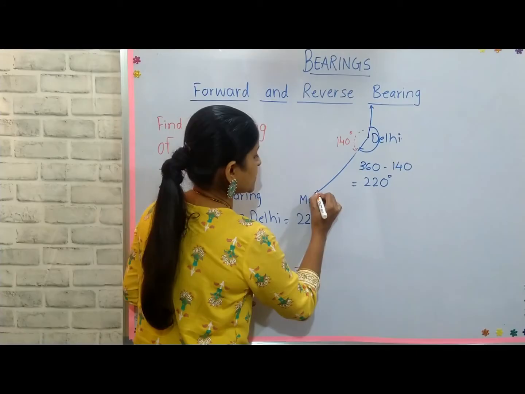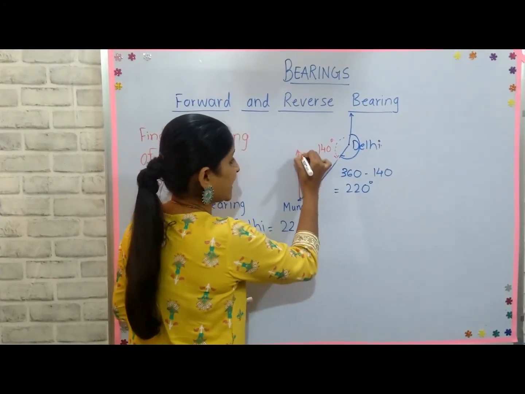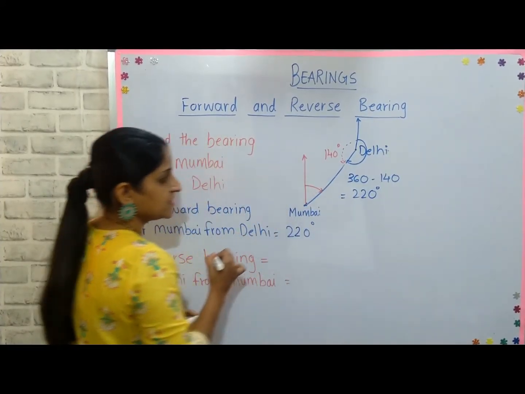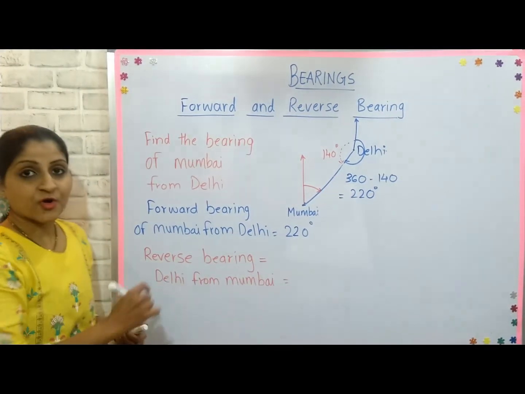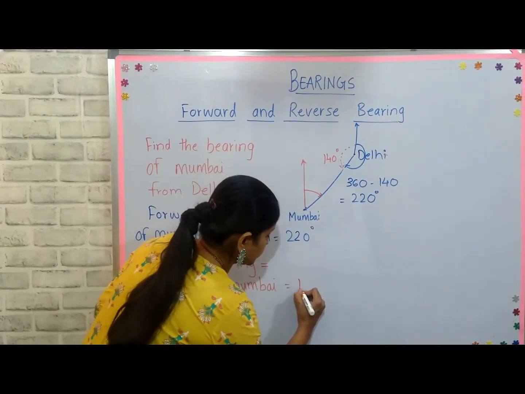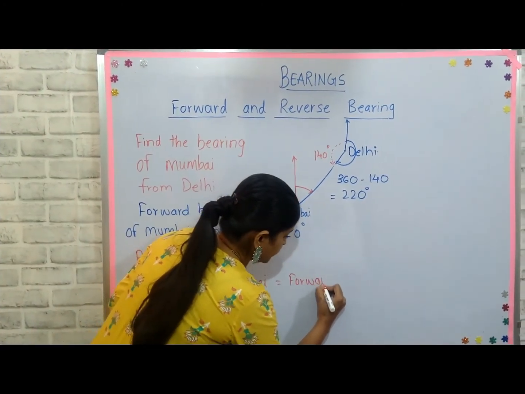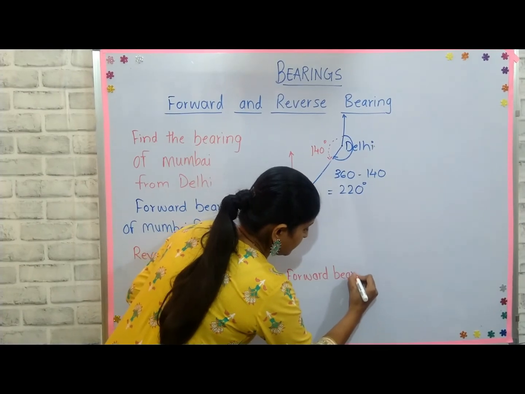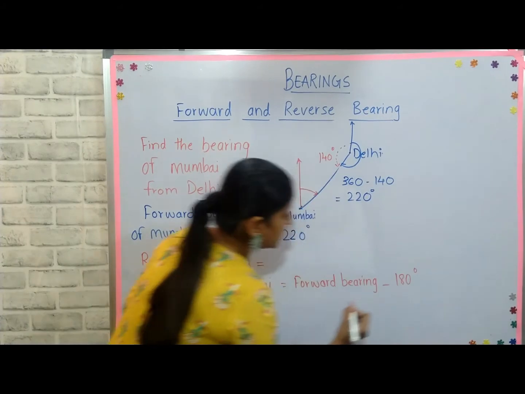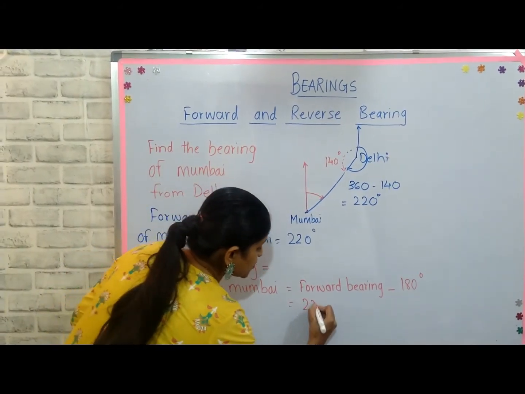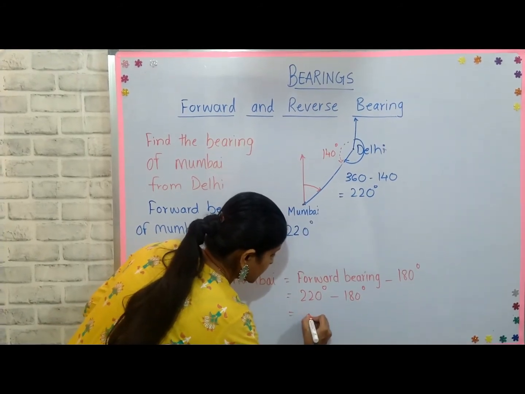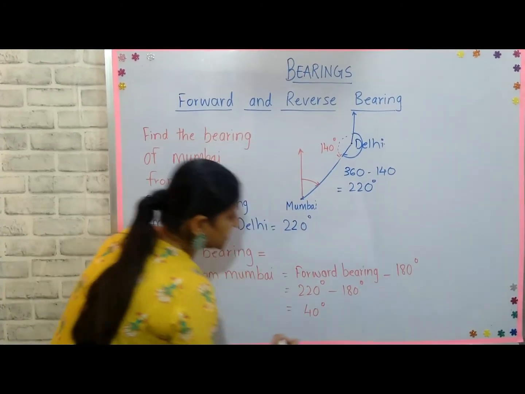So from Mumbai we draw a perpendicular north at Mumbai and then measure this angle in a clockwise direction. And as per the formula, we find it as forward bearing minus 180 degrees. So 220 degrees minus 180 degrees is equal to 40 degrees.